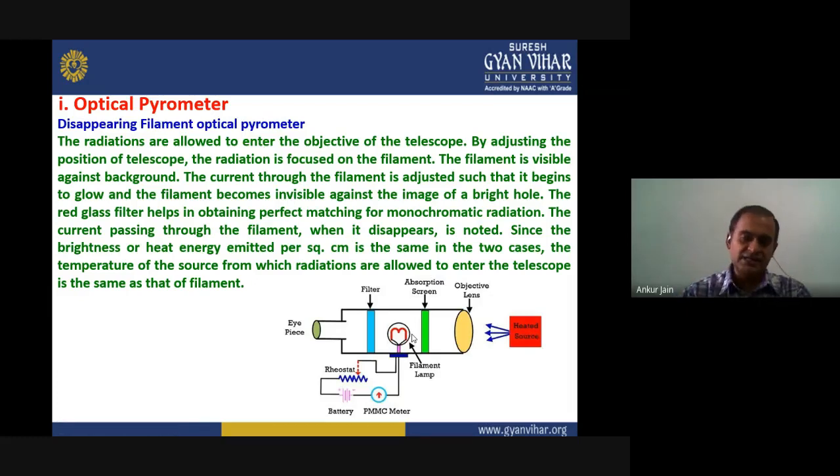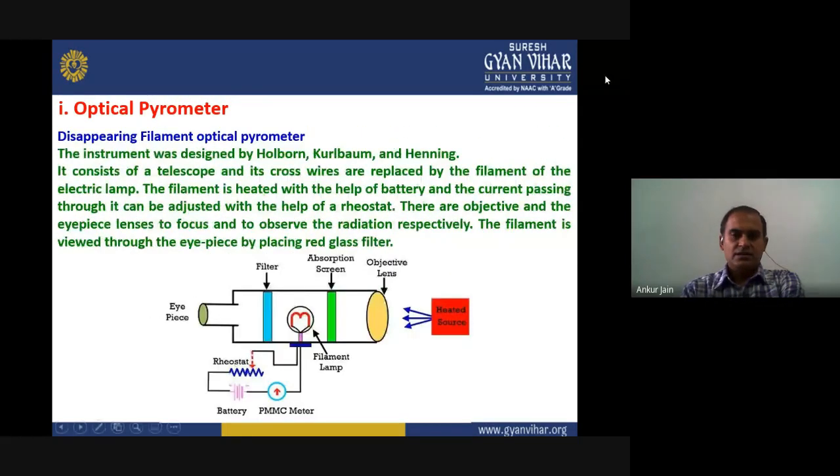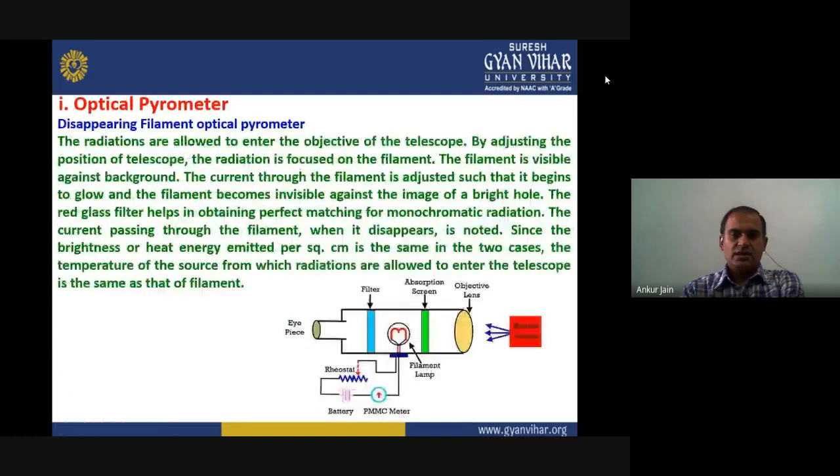Since we are adjusting the current, when the filament disappears completely, that current should be noted. The brightness, or heat energy emitted per square centimeter, should be the same in two cases: one from the source radiation and another from what we are supplying here.